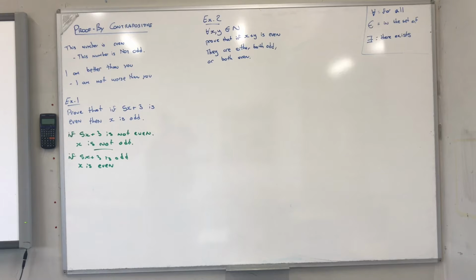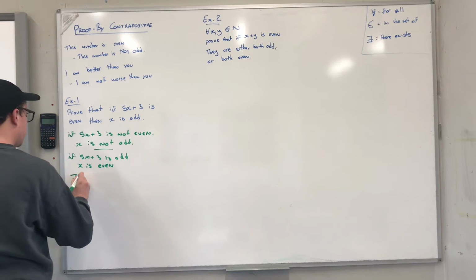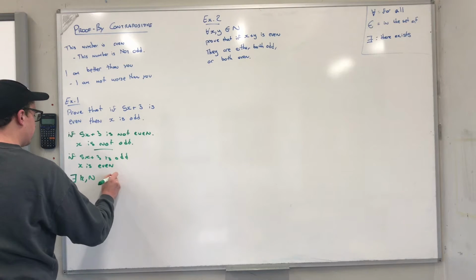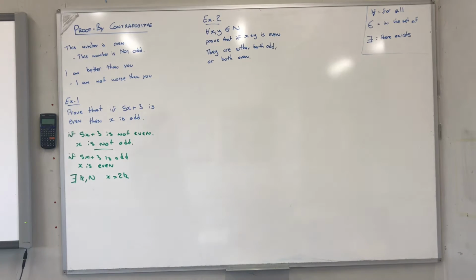Okay? So there exists a value of k in the natural numbers such that x equals 2k. So there's a new symbol there, maybe if you've never seen it before.